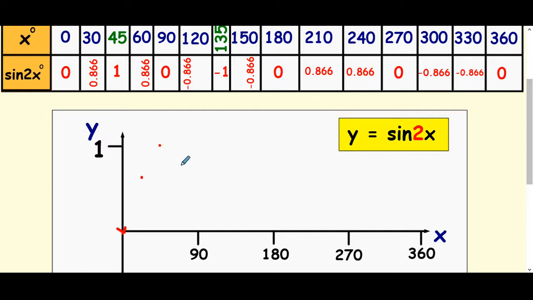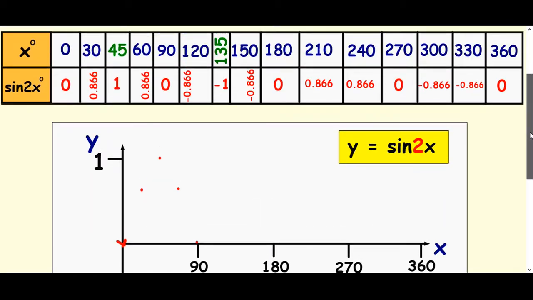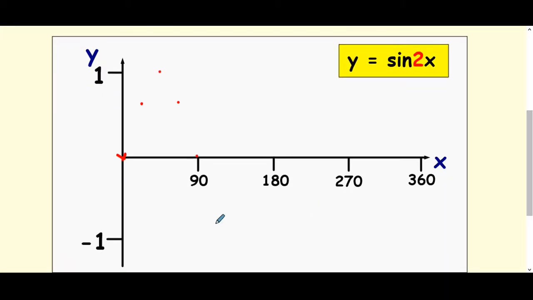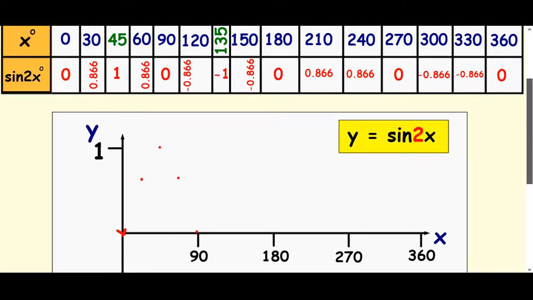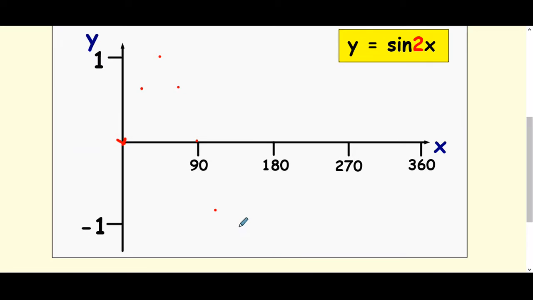Then it's going back to 0.866, and at 90 it's gone back to 0. Then at 120 it's going to negative 0.866, and at 135 it's at -1. It's going to come back up here and then go to there. So you're getting one complete wave much earlier than the normal sine wave. It's finished at 180.